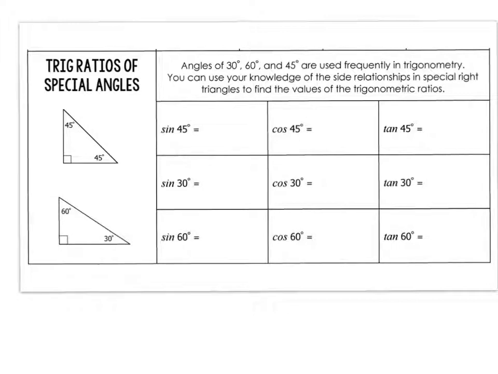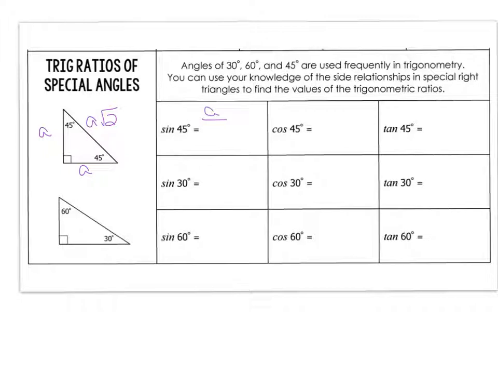We know that in a 45-45-90, the legs are both A, right? It's isosceles, and the hypotenuse is whatever the leg is times root 2, okay? So if I wanted the sine of 45 degrees, well, sine is opposite over hypotenuse, right? So from 45 degrees, what's the opposite side? A over, what's the hypotenuse?